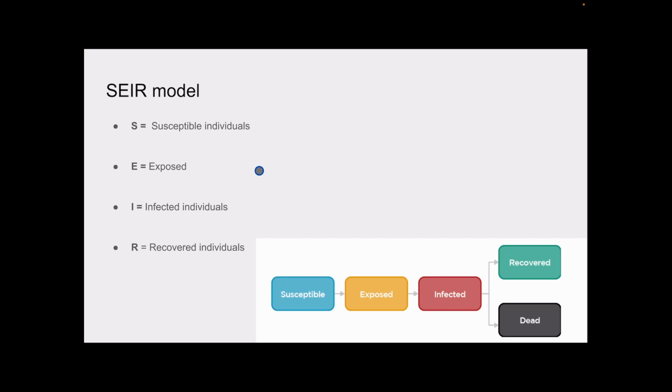You're not spreading it. And now we have infected individuals, which is, you're infected, you're able to spread it. The next part is the recovered individuals, which is, if you're infected, you either recover or there's a portion of the population that die from it.